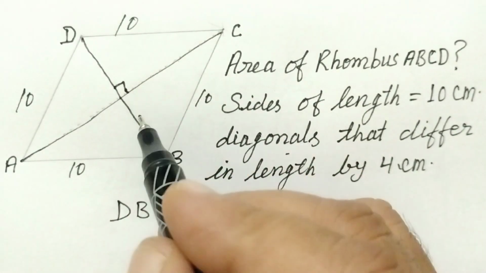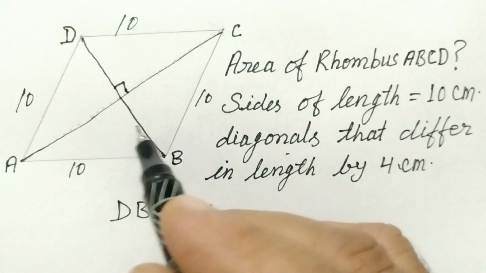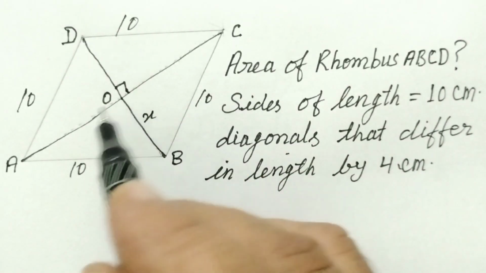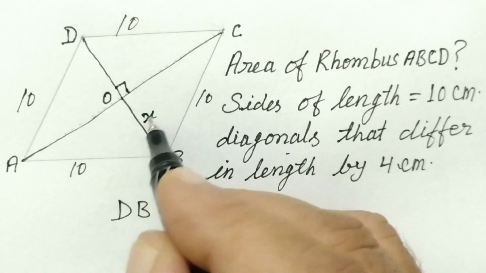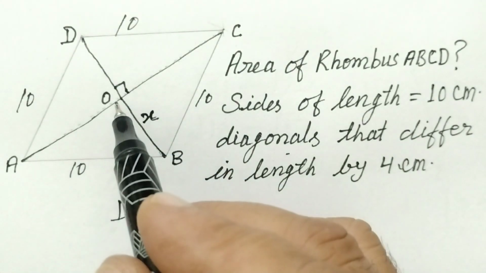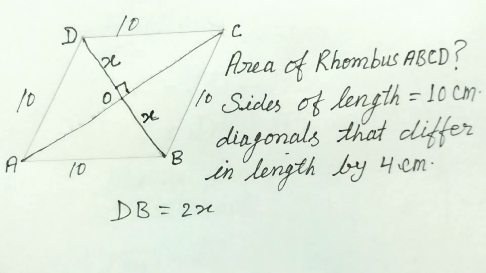If this is 2x, then with point of intersection O, OB will be equal to x and DO is also equal to x.